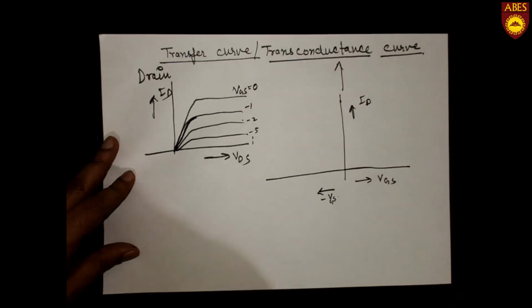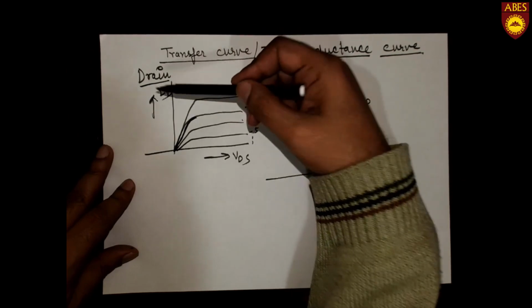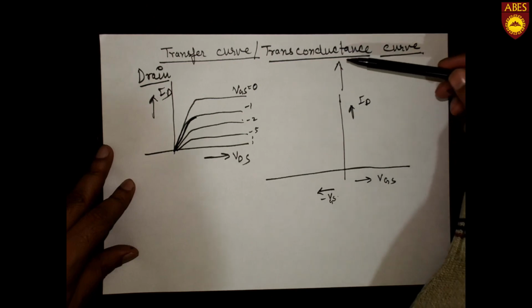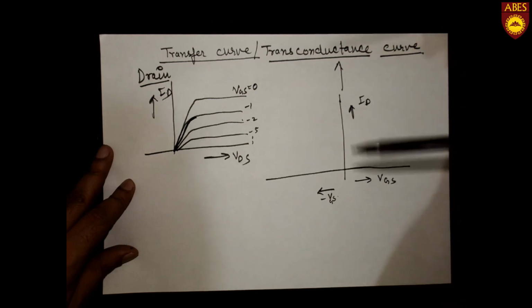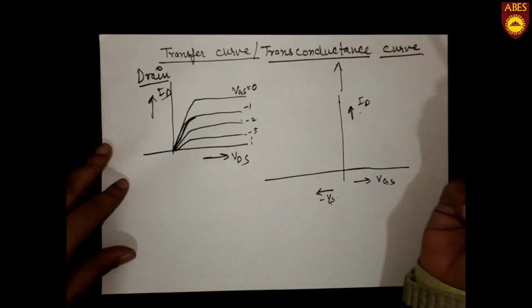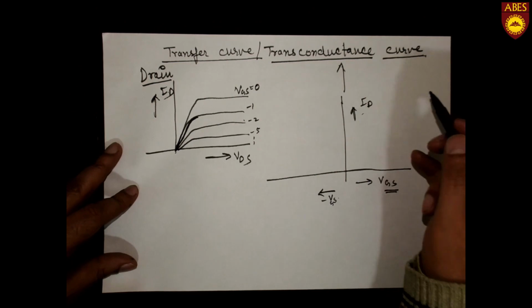So the drain characteristic curve is plotted between drain current and drain source voltage, and the transconductance curve is plotted between drain current and gate source voltage. As we have seen, gate source voltage affects the drain current.